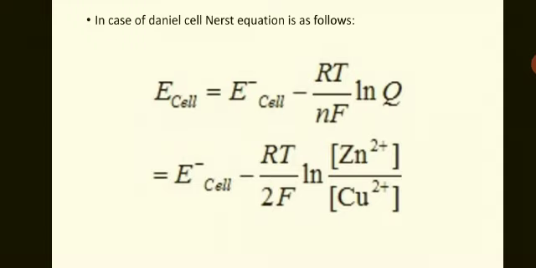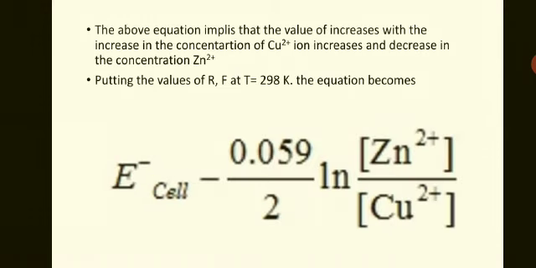F is the Faraday constant, and Q is the molar concentration of Zn2 plus ion divided by the molar concentration of Cu2 plus ion. The above equation implies that the value of E cell increases with an increase in the concentration of copper ion and decreases with an increase in the concentration of zinc ion.